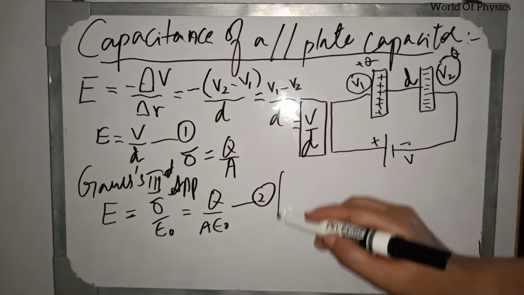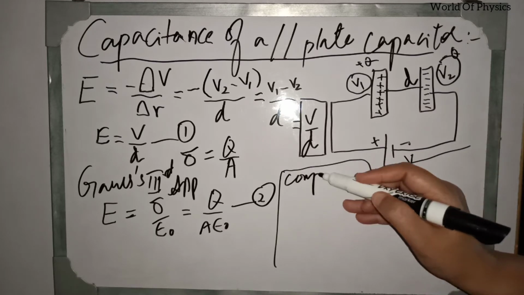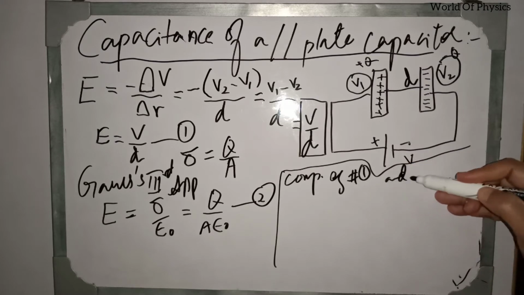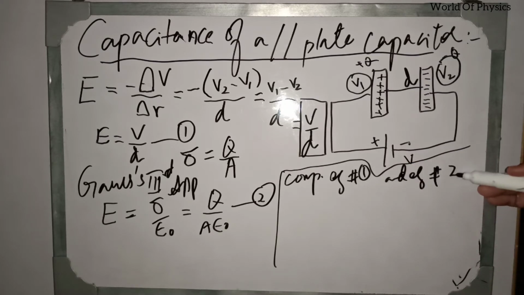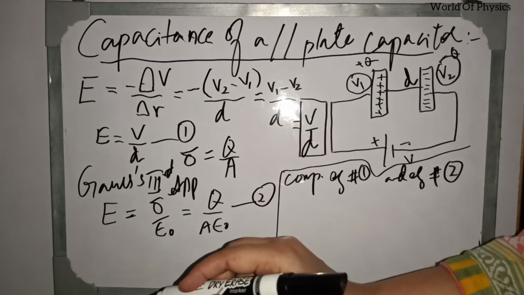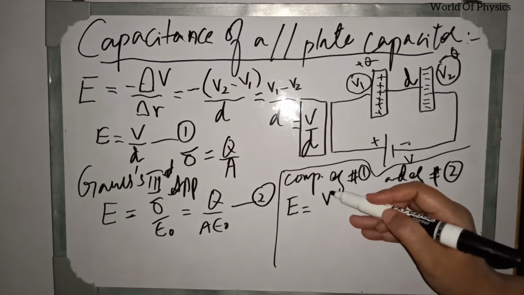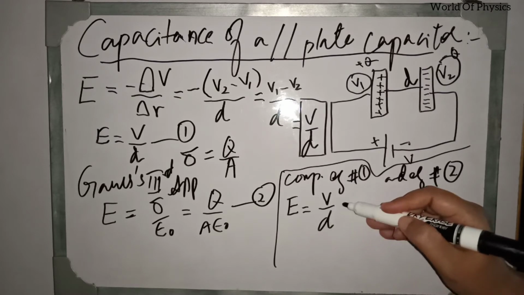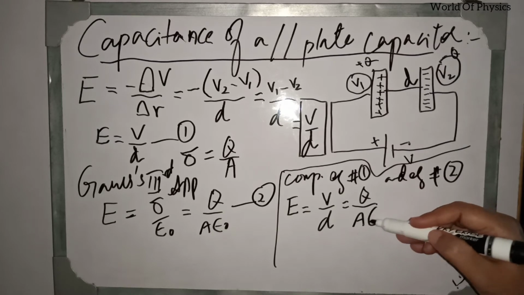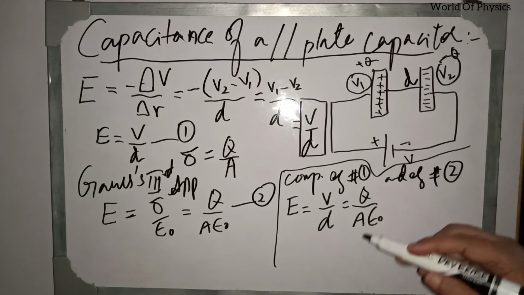So we can compare equation number 1 and equation number 2, because both represent the value of E. By comparing these two equations, E is equal to V over D according to the first equation, and E is equal to Q over A into epsilon naught. This is the second equation.